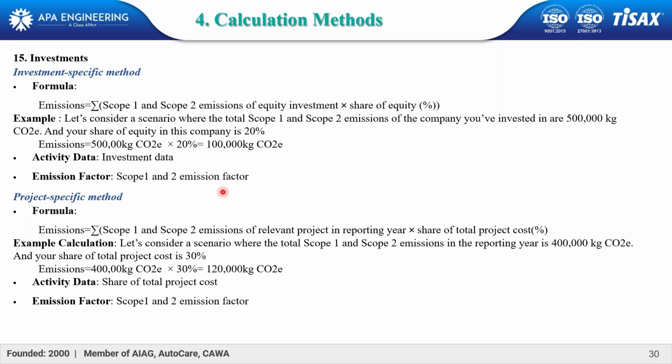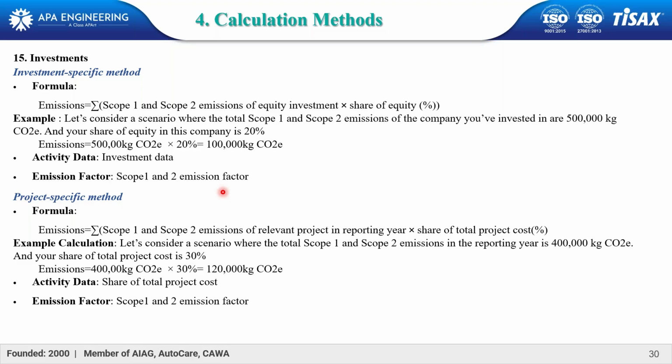So the activity data required is simply the investment data, and the emission factor required will be the scope 1 and 2 emission factor of that particular site. The project specific method is the same as before. Here we'll consider a scenario where the scope 1 and 2 emission of the industry for the reporting area is 400,000 kgs of carbon dioxide, and your share of the total project is 30%.